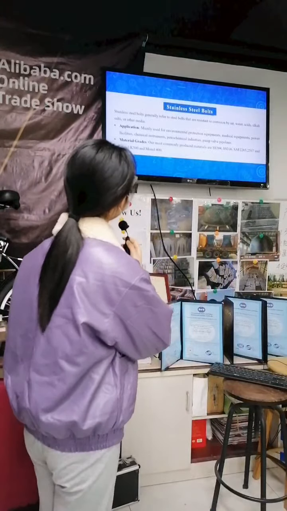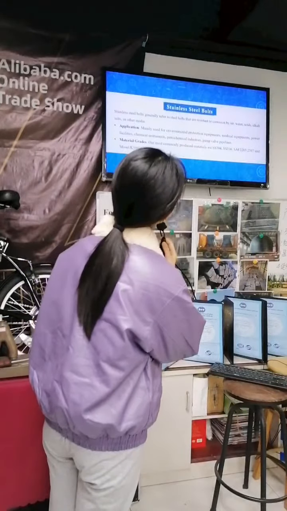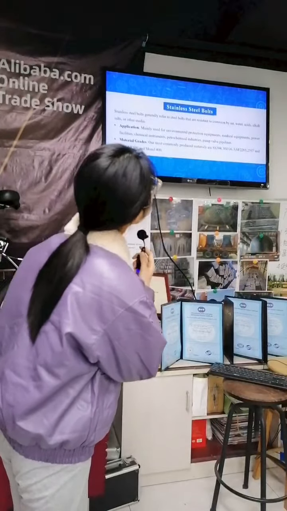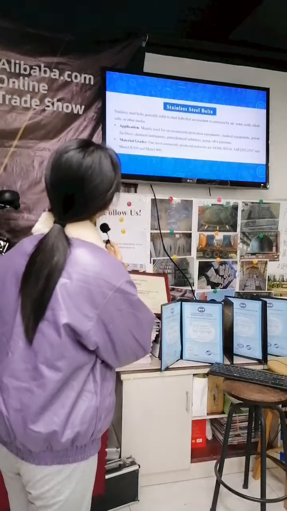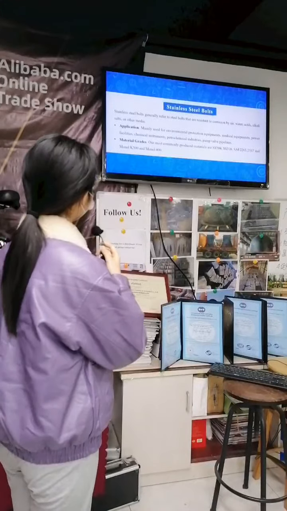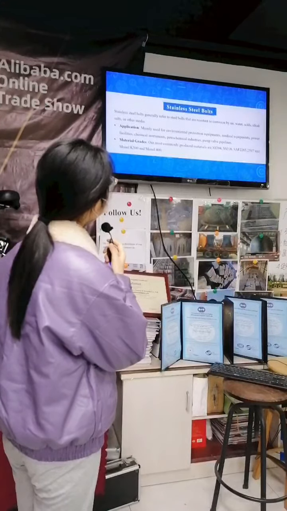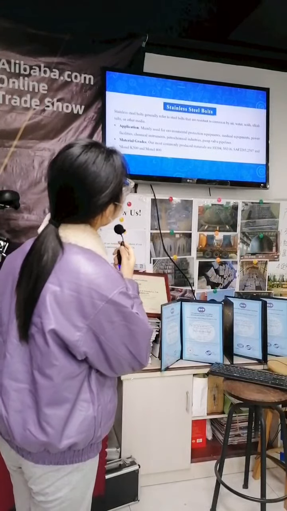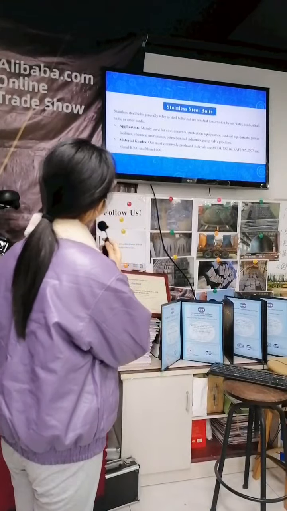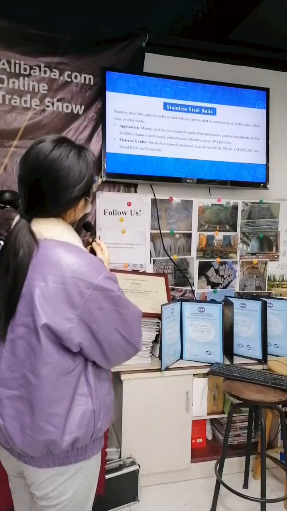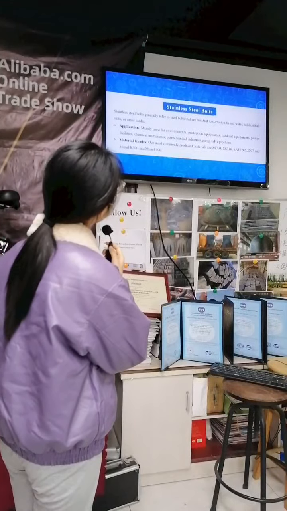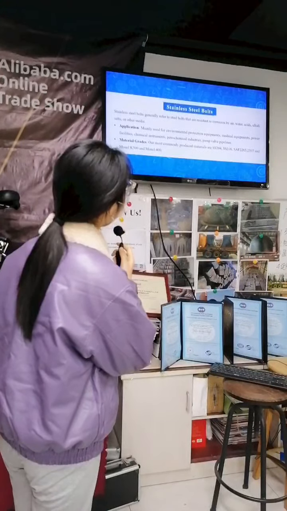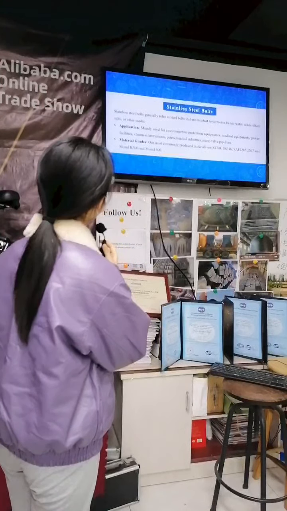Stainless steel bolts generally refer to steel bolts that are resistant to corrosion by air, water, acids, or other media. For the application, they are mainly used for environmental protection equipment, medical equipment, power facilities, chemical industry, instruments, petrochemical industries, and pump valve pipelines.